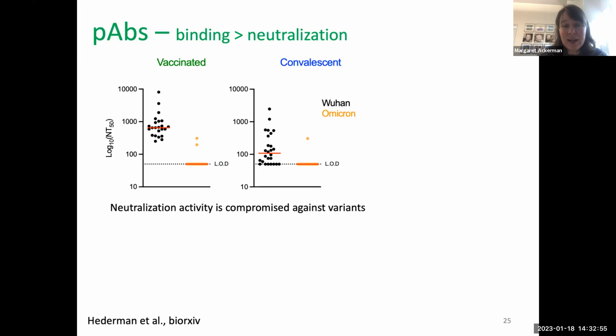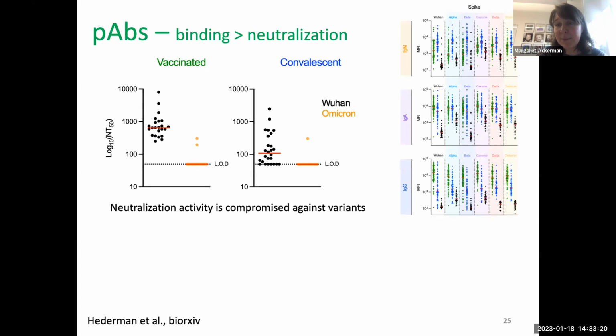Here is data for the particular cohort I'll be walking through today that shows for both vaccinated subjects and convalescent subjects, while there's good Wuhan neutralizing activity, there were almost no subjects that showed neutralization activity against Omicron. So neutralization is easily compromised.